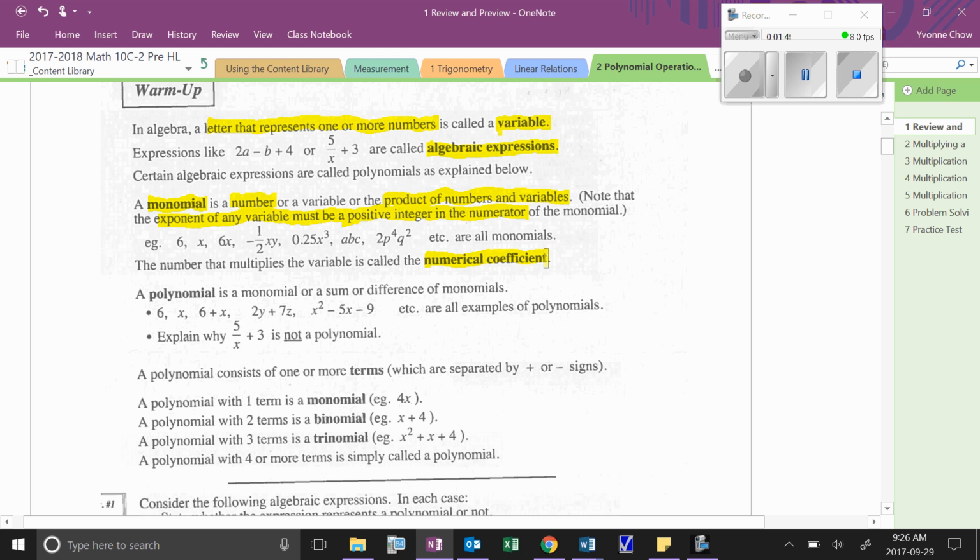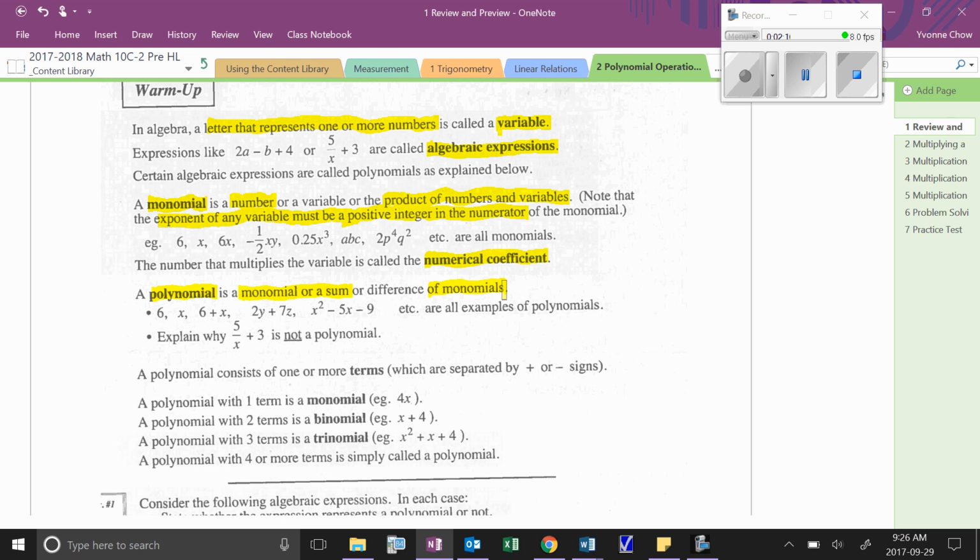So a polynomial then can be a monomial, or a sum of monomials. So again, you could say that it's a difference of monomials, because of course there can be subtraction. I would just prefer to keep it as a sum, because then you're adding a negative value, and that helps to separate our numerical coefficients.